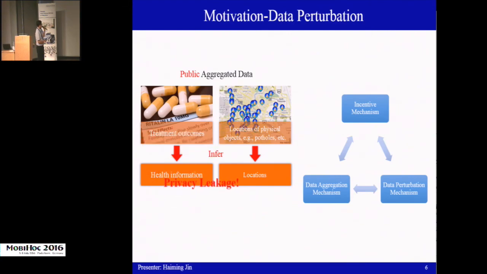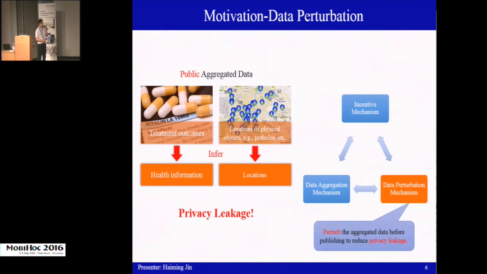Therefore, the publishing of the aggregated data will incur privacy leakage to participating workers. This is exactly why we need a data perturbation mechanism that can perturb the data before publishing to reduce the privacy leakage. Although we add some perturbation to the aggregated data, the privacy protection is far from perfect. So the incentive mechanism should also compensate the cost for the remaining privacy leakage. And this is exactly how the incentive mechanism is affected by the data perturbation mechanism.